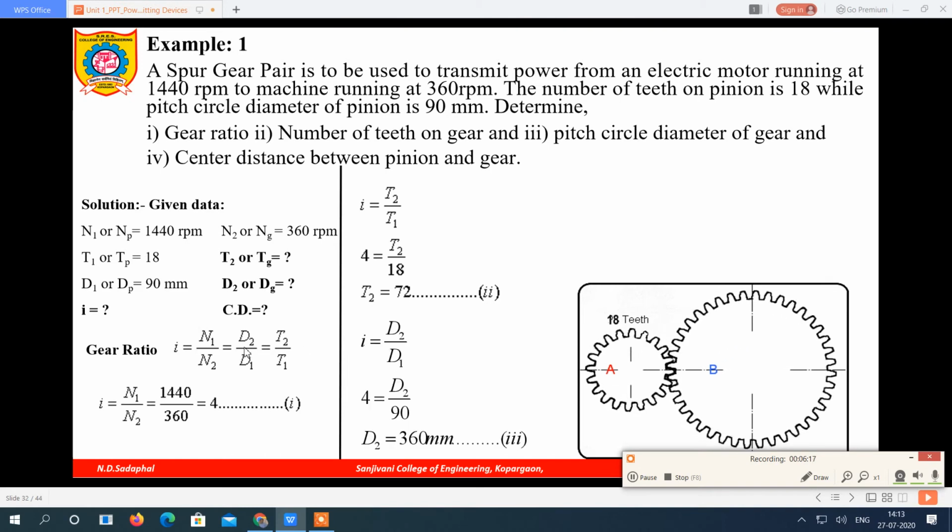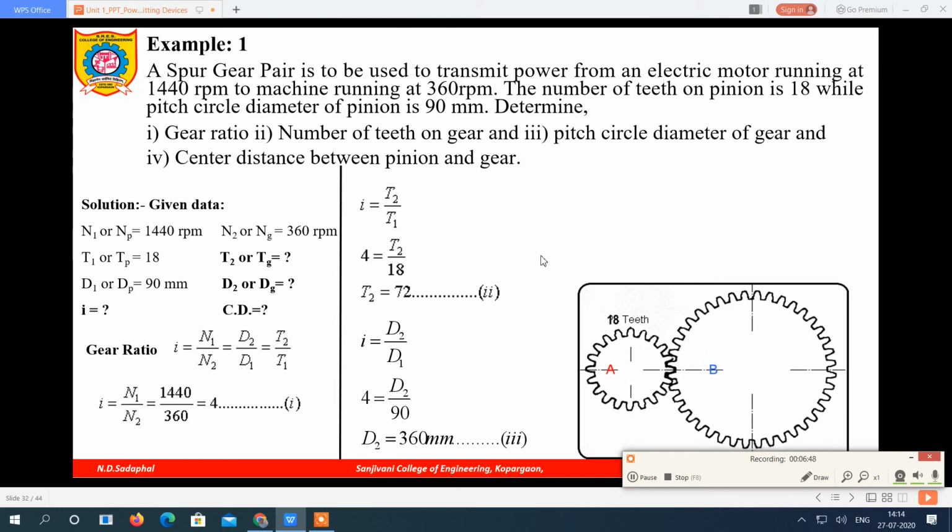Next, again you can use a simple formula: i equals D2 upon D1. So 4 equals D2, which we have to find, upon D1, which is given as 90. So 90 into 4 is 360 mm. So we got the first unknown, second unknown, third unknown. The fourth unknown is the center distance between gear A and gear B, or pinion and gear. How will you calculate it? Simple. It is the radius of this gear plus the radius of this gear.